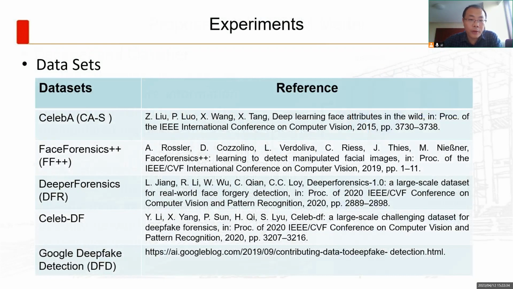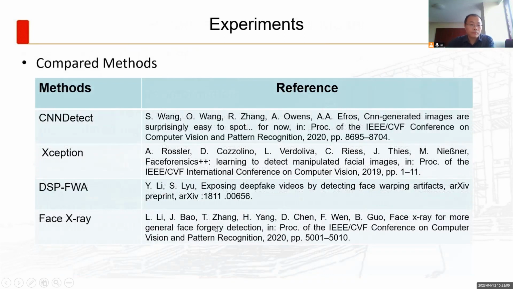The third part of my presentation is the experiments. In this experiment, we use 5 data sets. They are CLAs, FaceForensics, DeepForensics, and Google deepfake detections. At the same time, we select 4 methods as baselines to compare with our proposed approaches.